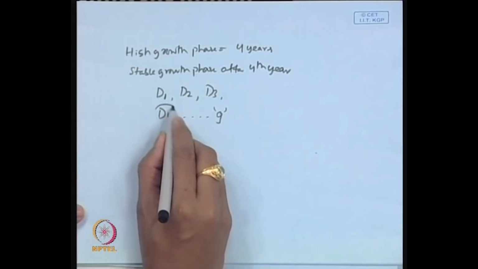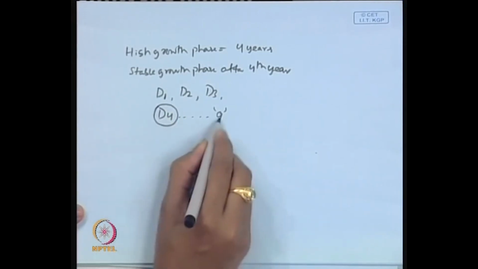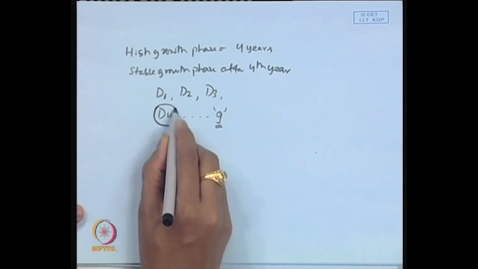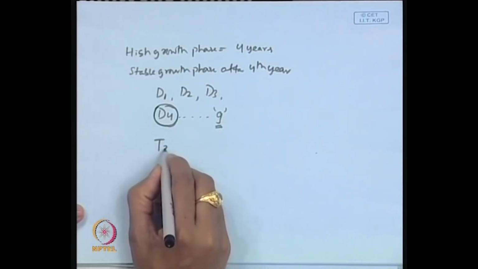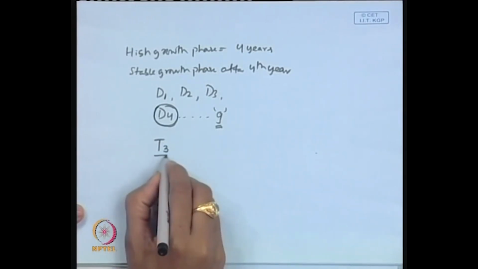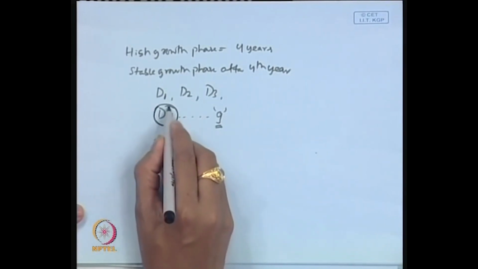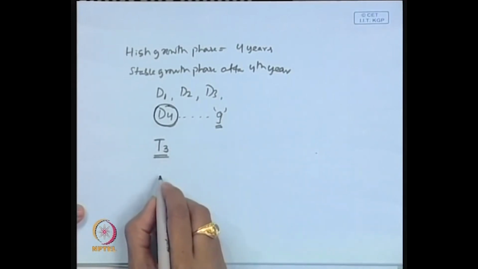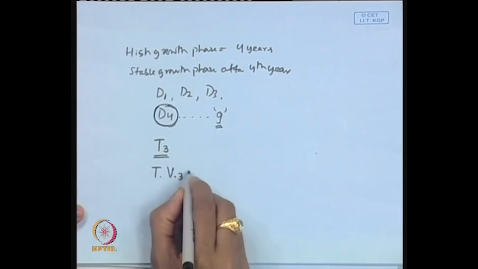So, this D4 can be used with this growth to find out the value at time T3. This value, which is decided based on the dividend of the 4th year and the constant growth, is nothing but the terminal value at the time of the 3rd year.